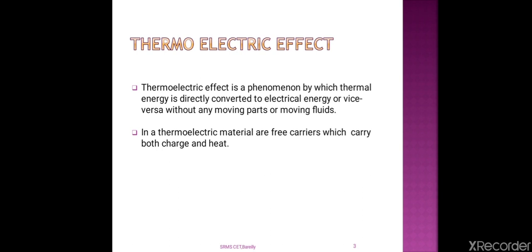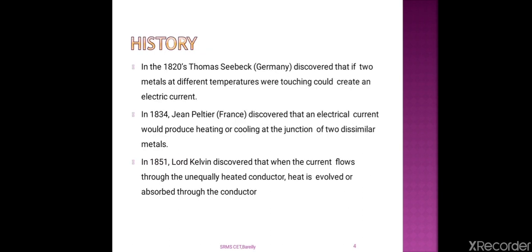Now let us see why this is happening and what is inside a thermoelectric device that leads to this phenomenon. To understand that, we will go back in history a little bit and talk about something related to this effect. First we have Sir Thomas John Seebeck.